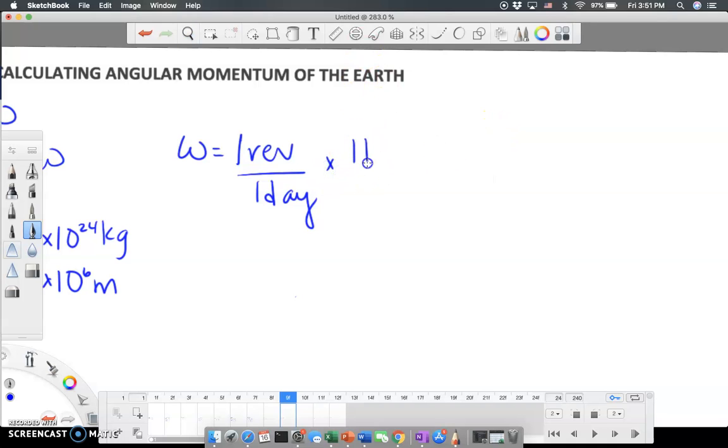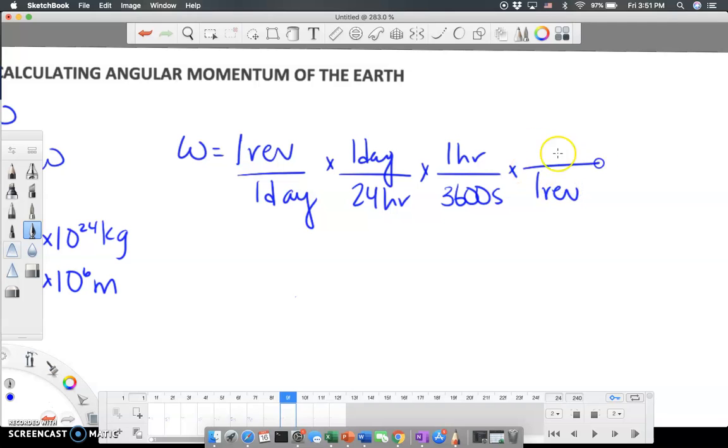So in 1 day, there are 24 hours. In 1 hour, there are 3,600 seconds, okay? In 1 revolution, there is 2 pi radians. So doing that quickly, I will get 7.27 times 10 to the negative 5th, and that is radians per second, okay?